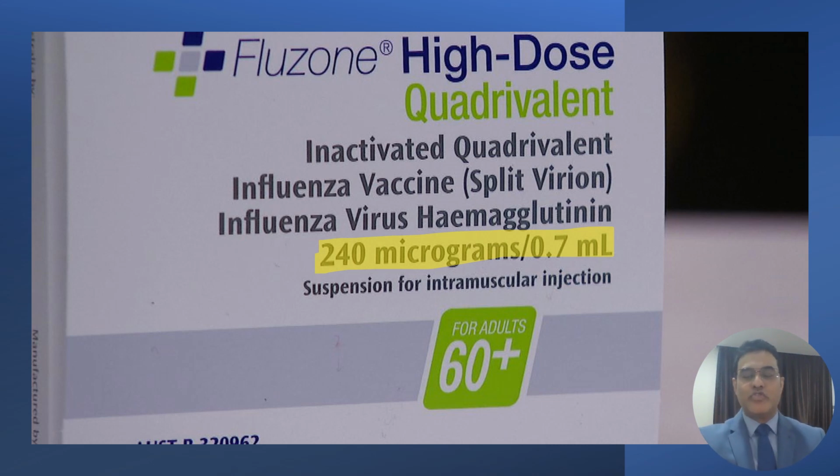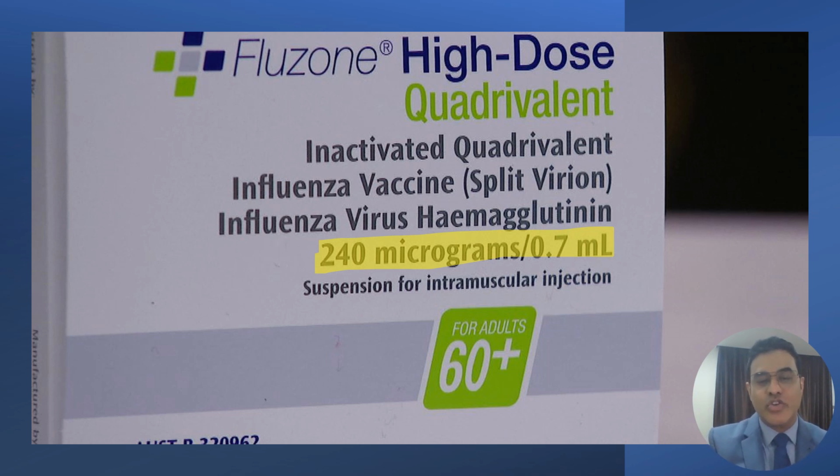Now WHO and CDC strongly recommend a higher dose for elderly people, because they mount a poor response to vaccination due to their poor immunity. People above 60 or 65 years need 0.7 ml compared to the 0.5 ml shown previously, which contains 15 micrograms per strain, whereas here it is 60 micrograms per strain, 4 times that dose.